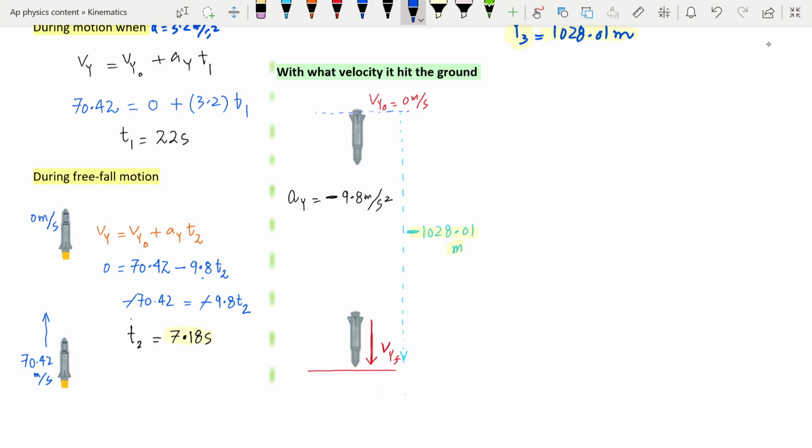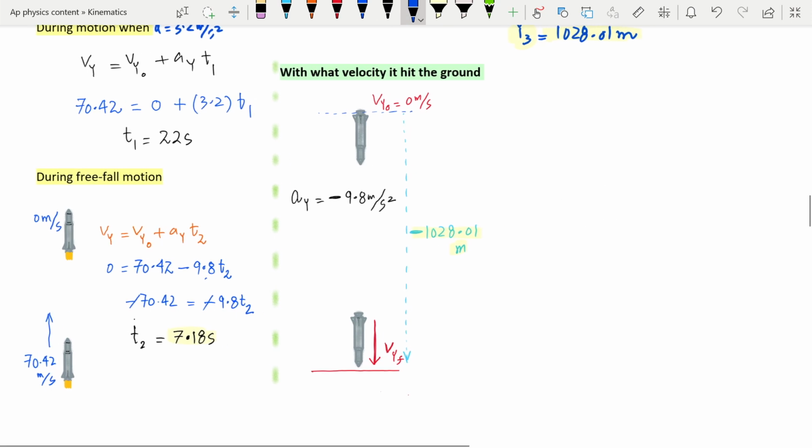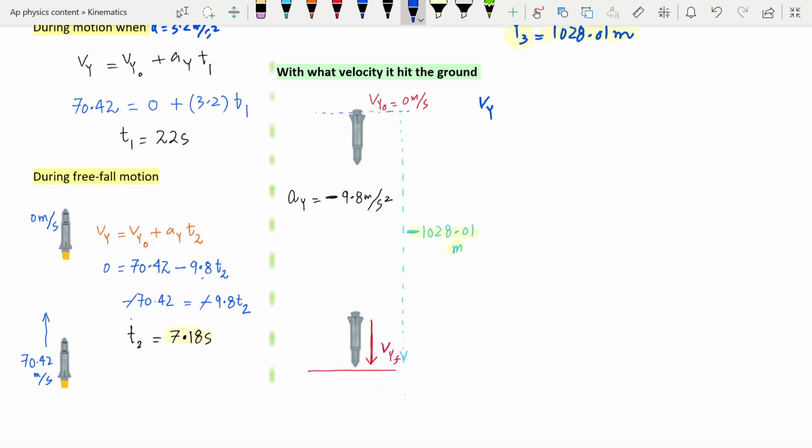So we can now apply this equation. Vy square is equal to the initial velocity squared plus 2ay delta y. If you want to find the final vertical velocity, you should take the square root of this.